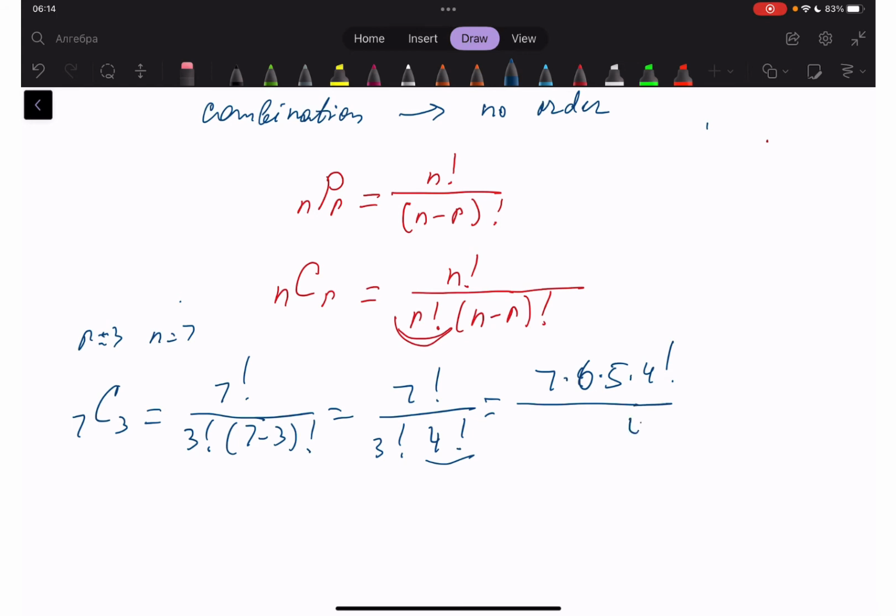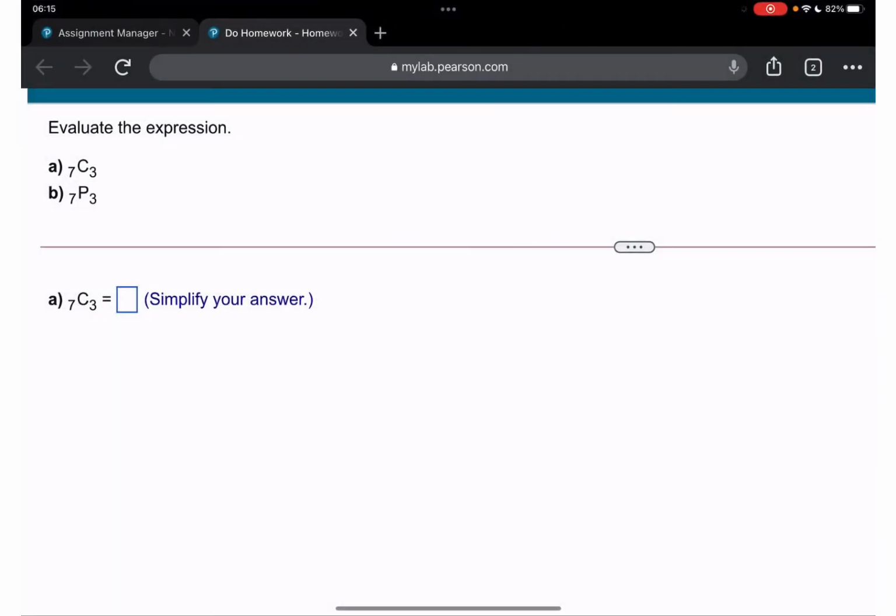Therefore 4 factorial stays same, but 3 I'm going to open 3 times 2 times 1. This 4 factorial is gone. 3 and 6 I am going to reduce, here will be 2, 6 divided by 3. And then I'm canceling this 2 with this 2. What do I have here? 7 times 5, 35. So the answer for this one is 35.